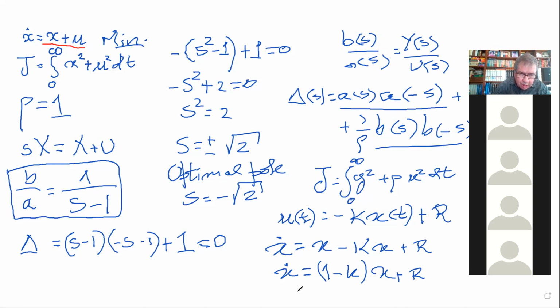Here x equals r, 1 over s minus 1 minus k, sorry. Am I right?